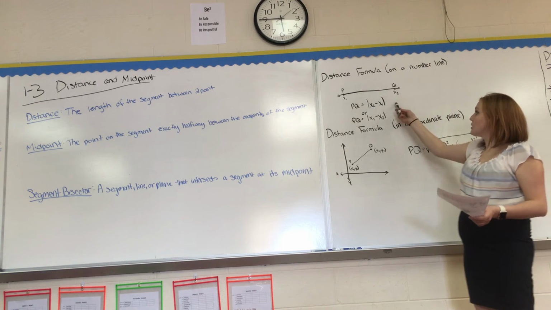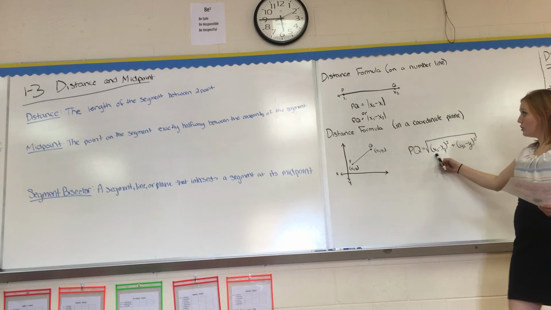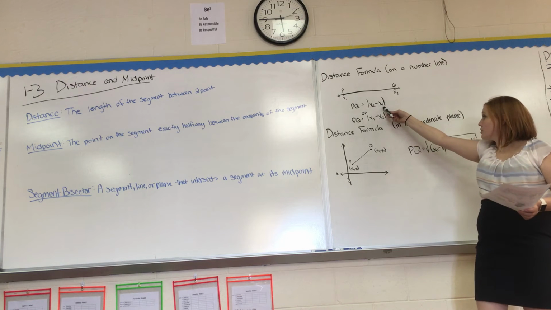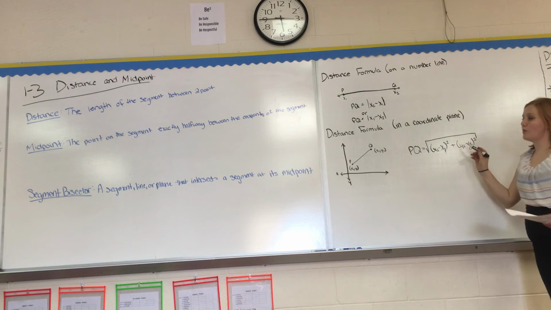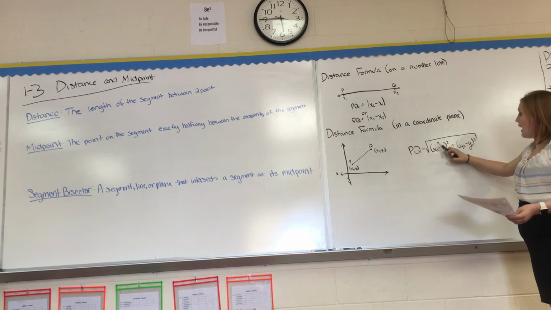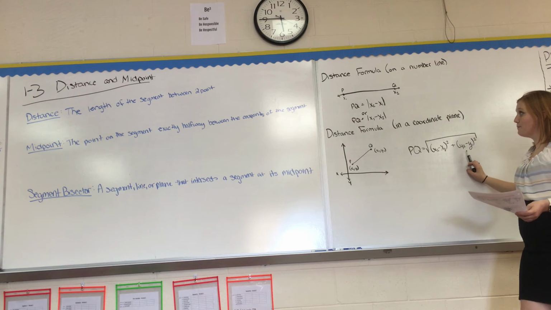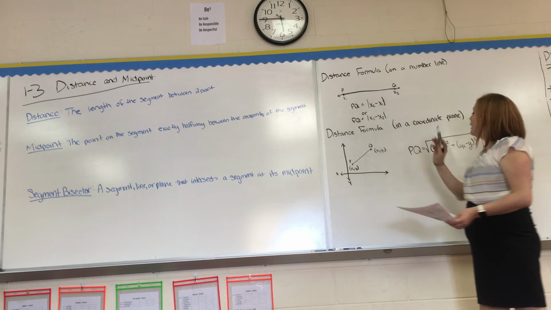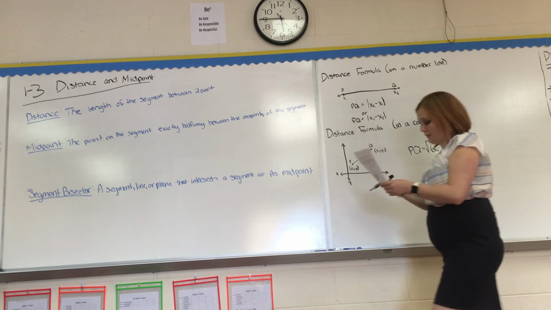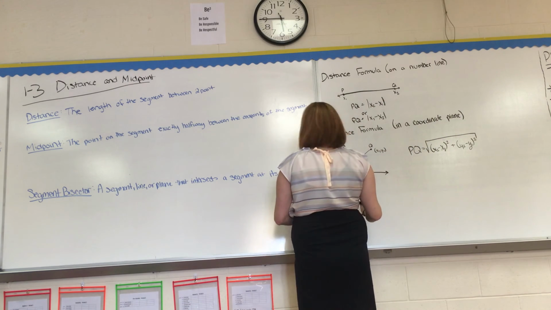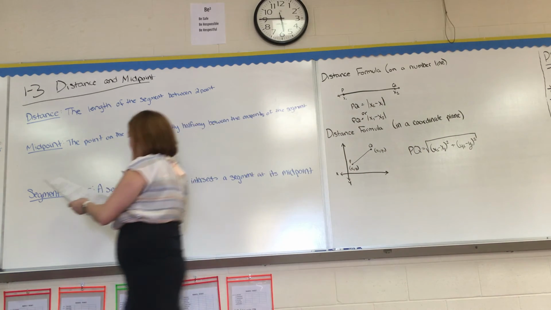Kind of reminds us of this one up here. See, we have x2 minus x1. So we have that up there. You just have to remember to square it and add the y's, which is the same except for y, and square root it.